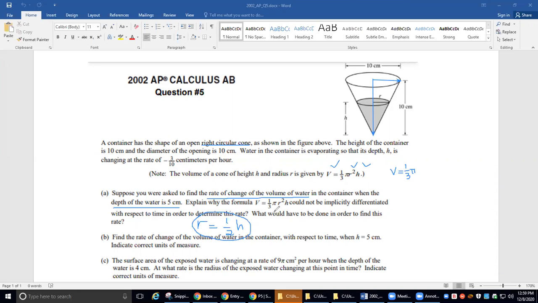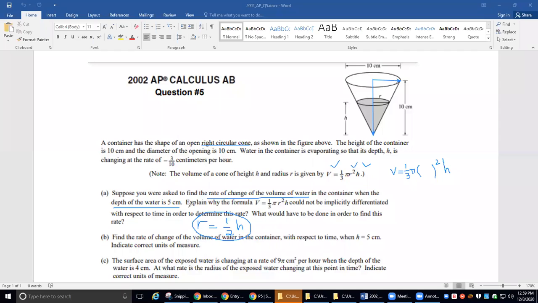This is going to make my derivative a lot easier in the long run. So what am I replacing r with? I circled it. Exactly, I'm replacing it with 1/2 h.